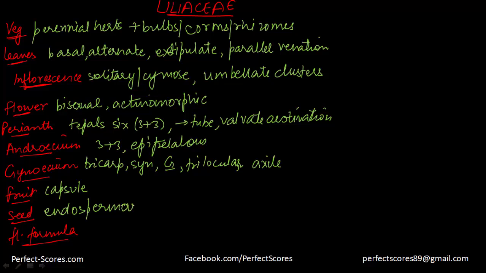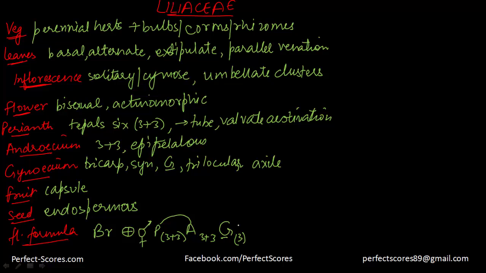And the floral formula, first of all, they are bracteate, they are actinomorphic, bisexual, and the anther is fused with the petals, though the anthers themselves are not joined, and it's a superior ovary, 3 of them joined together.